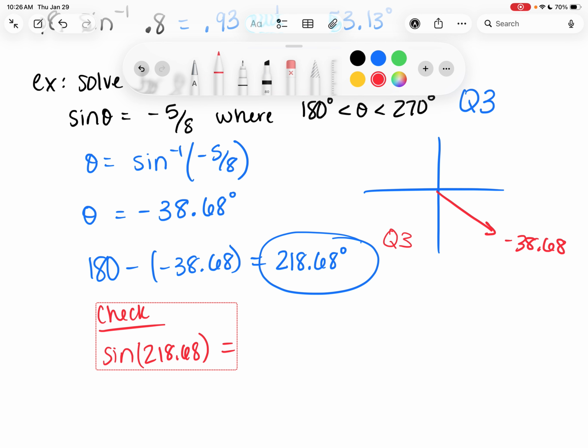Negative 0.62. And then do negative 5 divided by 8. Wow. So those things match. So it's correct. Essentially I just showed that this statement up here was true with the value that I found.